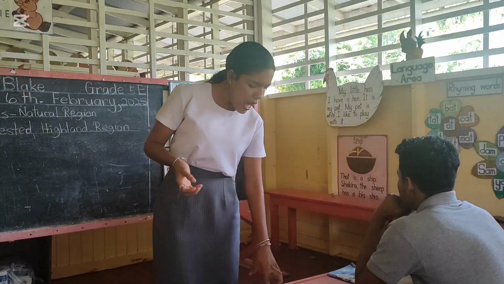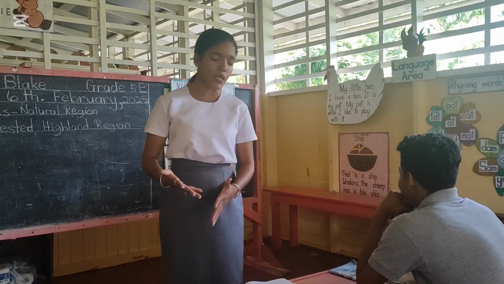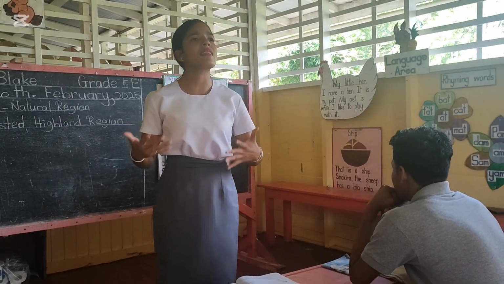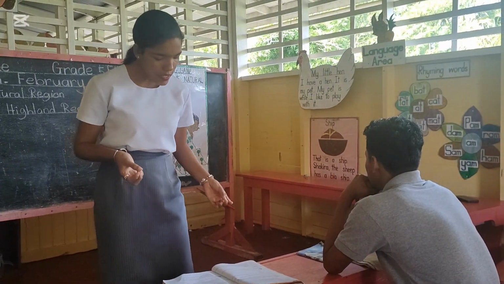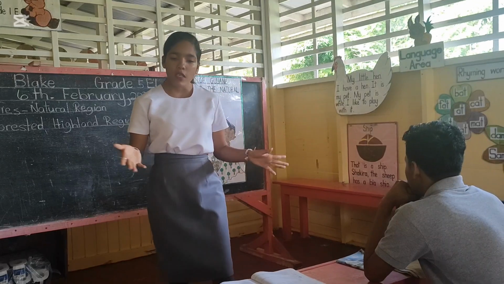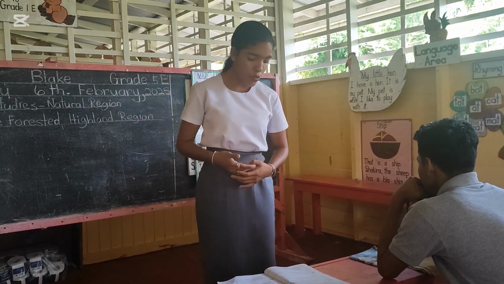There are dense forests, high mountains, and fast-moving rivers with few trails. Mosquitoes and other insects also breed in this area, which leads to many diseases such as malaria, dengue, and typhoid, which again is a reason for people not wanting to live there.